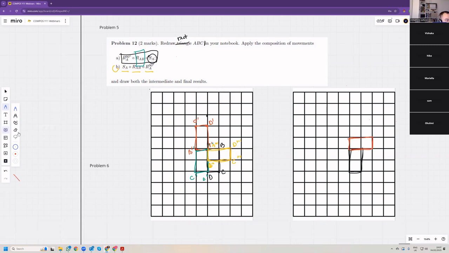Then you do a reflection in the line AB, which is this, so it becomes this. And then finally a reflection in the point A.